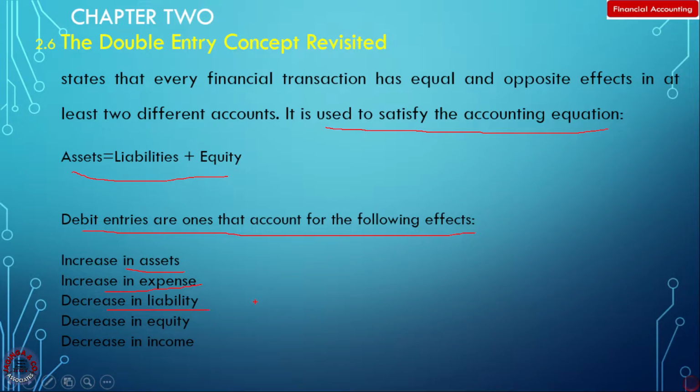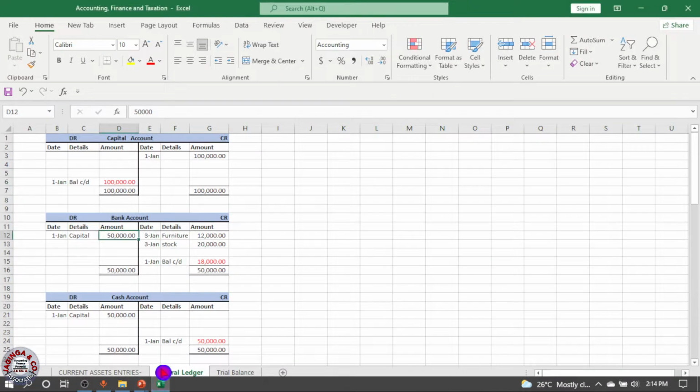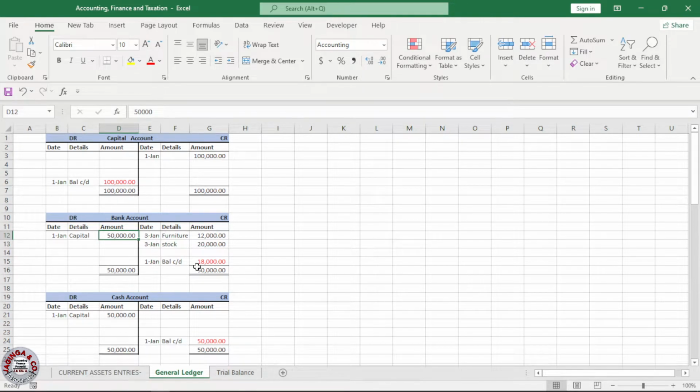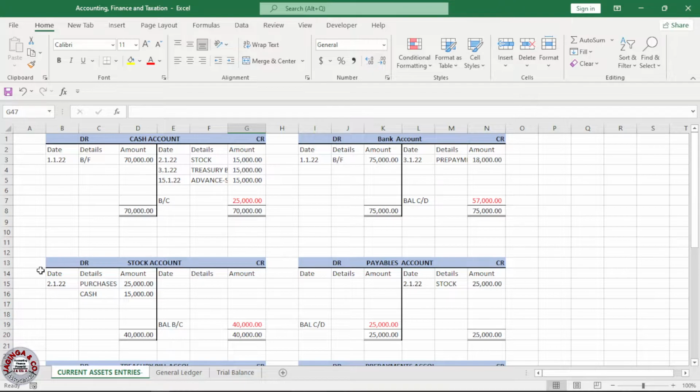For an example, let me take you back to Excel again, just to explain what I mean. Let me give you an example like this one for payables. This is a liability, and then you also have a cash account here, which is an asset.